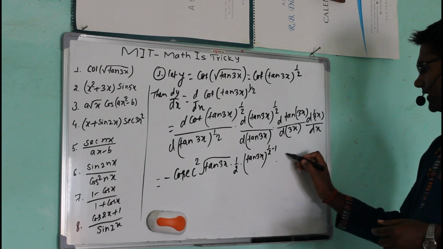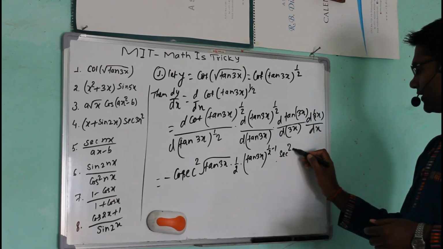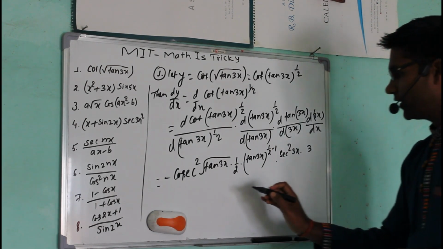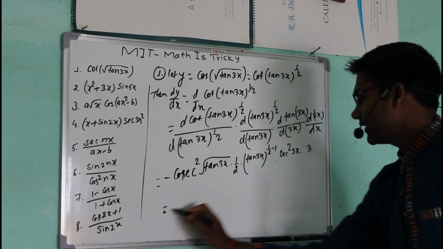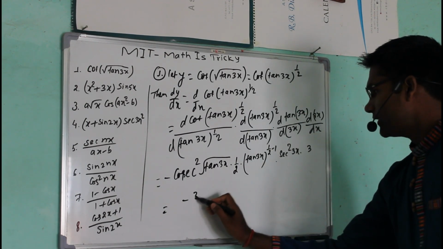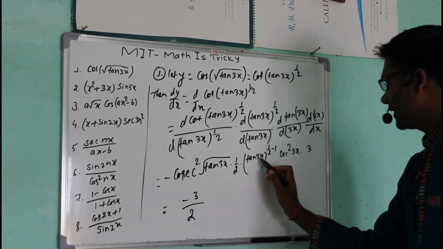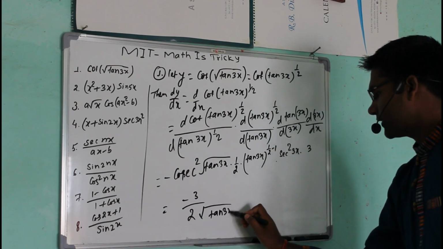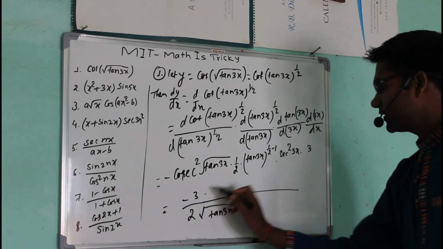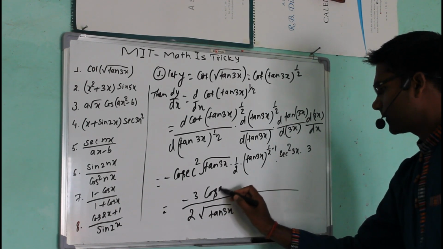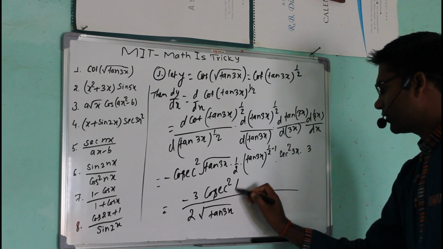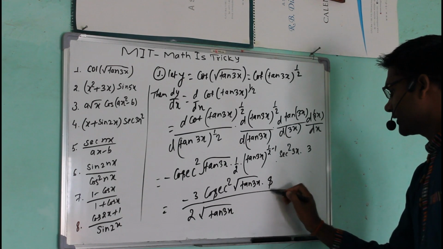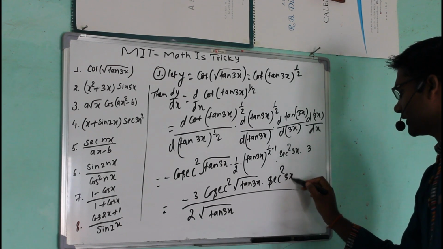Now the derivative of tan x is sec square x, and the derivative of 3x is 3. So our answer will be minus 3 by 2 root tan 3x, and the numerator will be cosec square root tan 3x into sec square 3x.